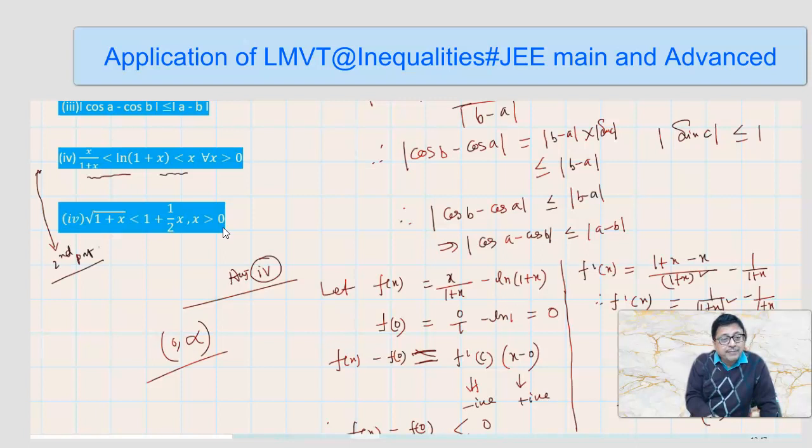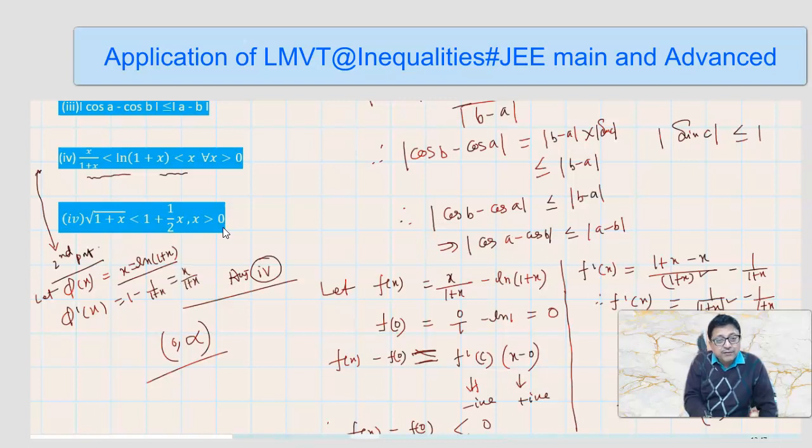We'll start in the same manner by taking another function: let phi(x) equal to x minus ln(1 plus x). Again, this satisfies the conditions of Lagrange's mean value theorem, and phi dash x is 1 minus 1 by 1 plus x, that is x by 1 plus x. For x greater than 0, this will be a positive quantity.